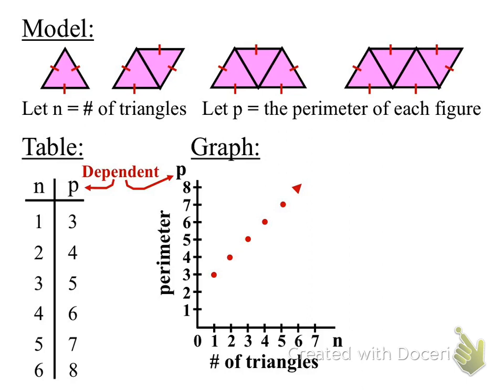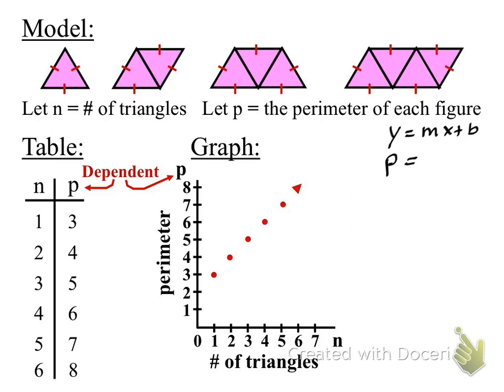And I'd like to go a step further. First we'll write the rule with P and N, in y equals mx plus b form. First, where do I put P? Yes, that's my Y. Where do I put N?